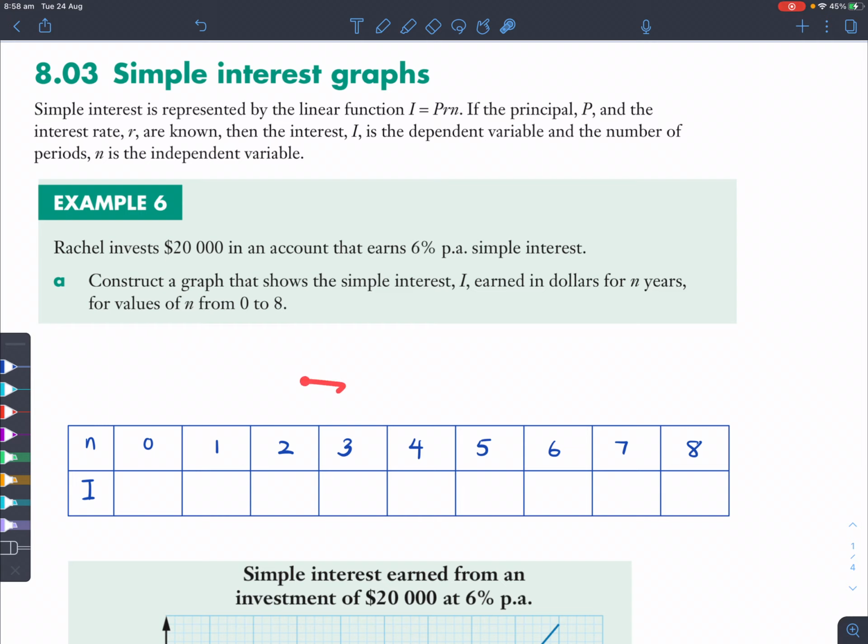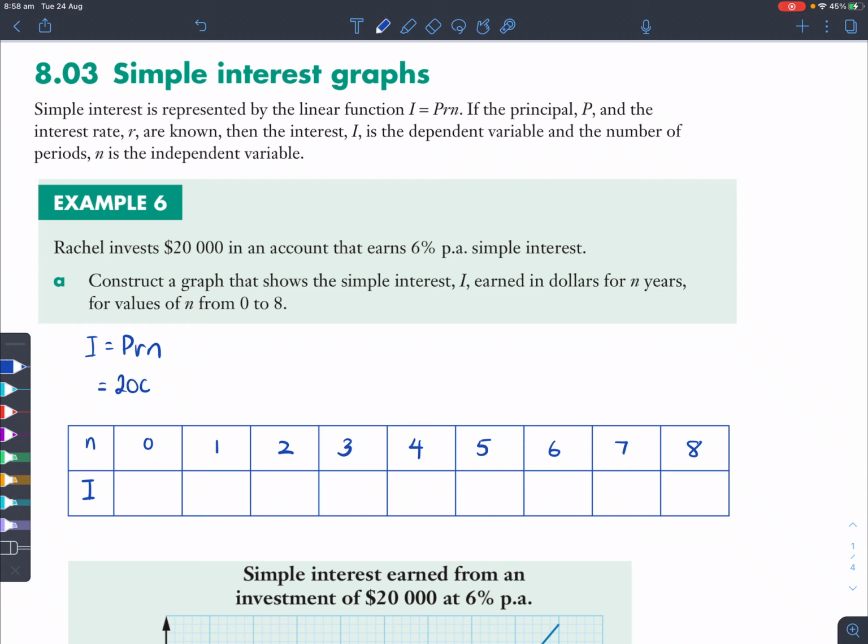So I've just created a table here, but we need to generate a formula to input these n values. I equals PRN, as we discussed before. The principal in this case is 20,000, as we can see here.